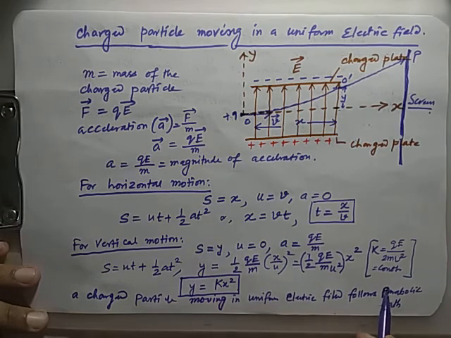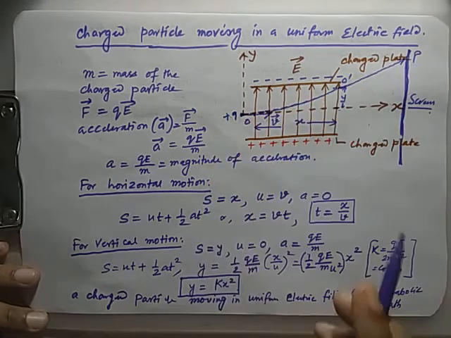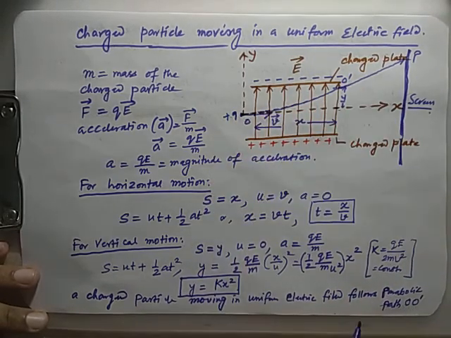This is the parabolic path, from O to O dash.